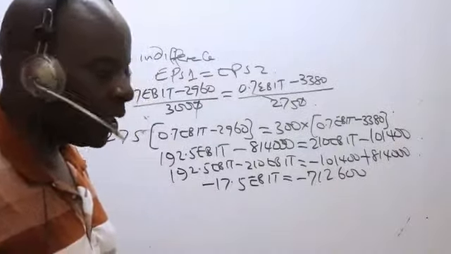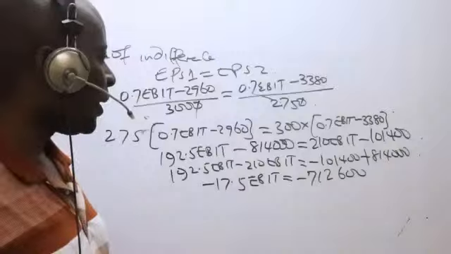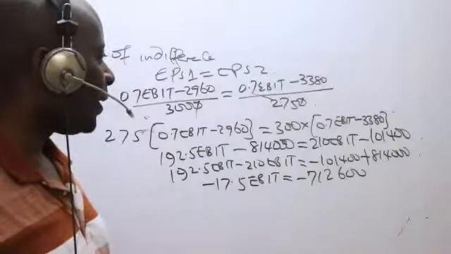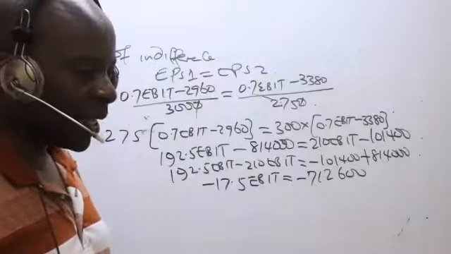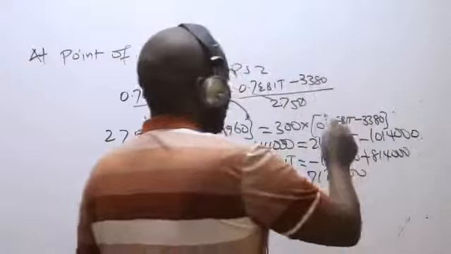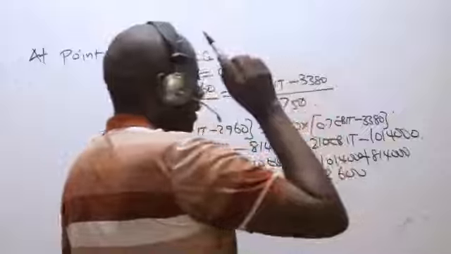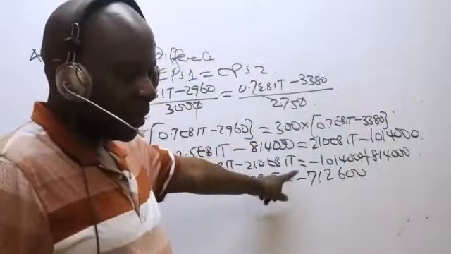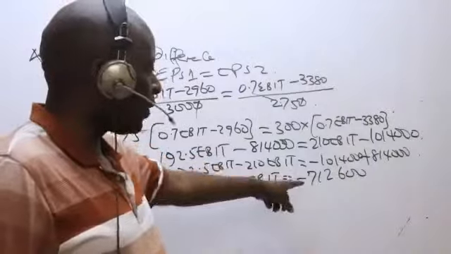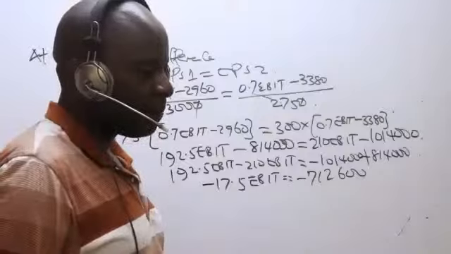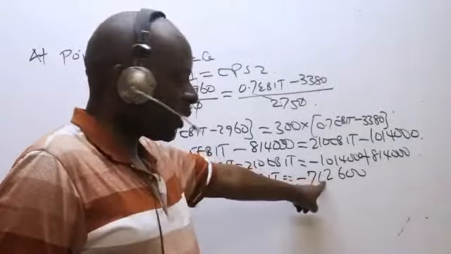Is it 1014,000? I'm being told here it's 1014,000. So this should be 1014,000, then I believe that this will be negative. Is this answer correct?